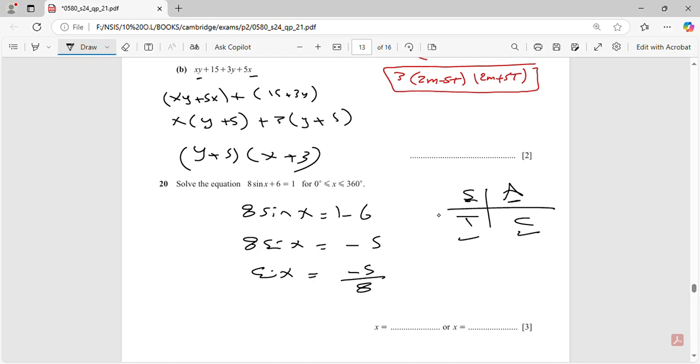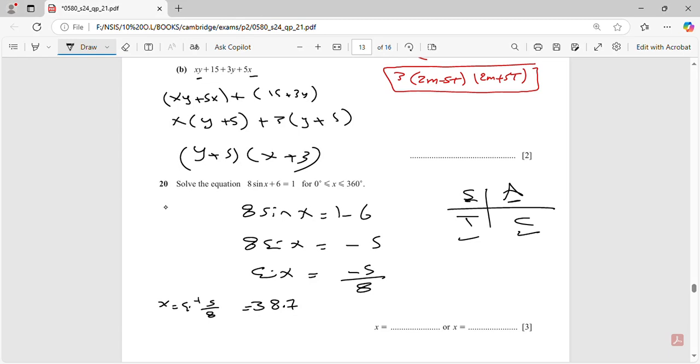So what is the value of the angle at the beginning? I will notice that the value of x would be sine inverse of 5 over 8. What is the value of sine inverse of 5 over 8? Let's calculate it. Shift sine 5 over 8. It would be equal to 38.7, for example.